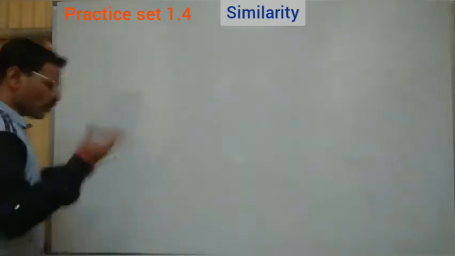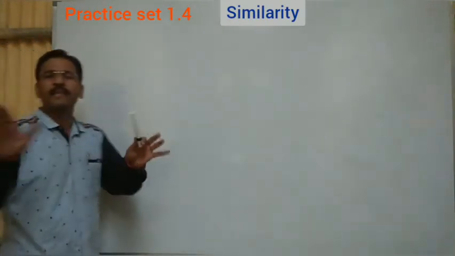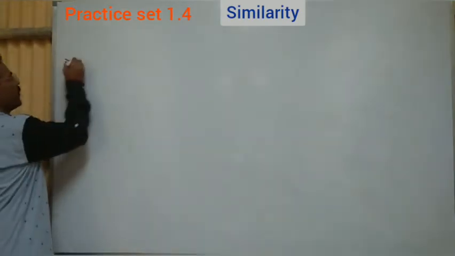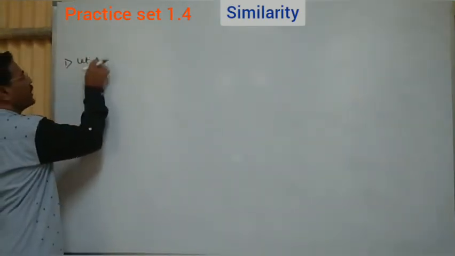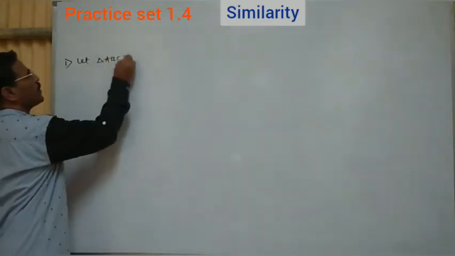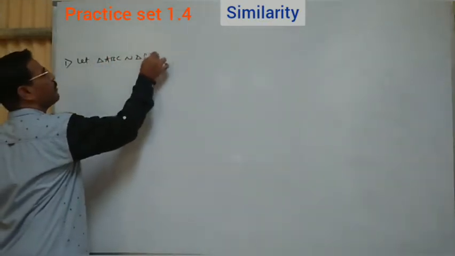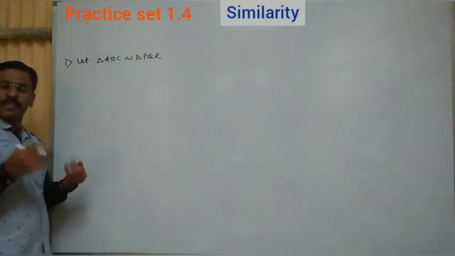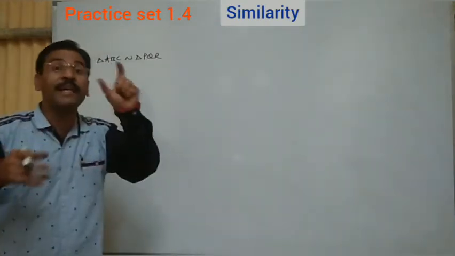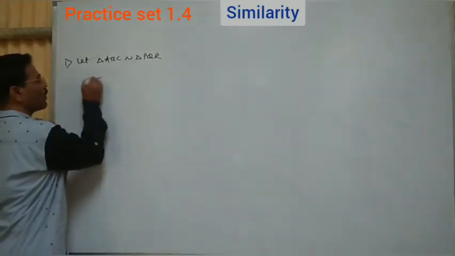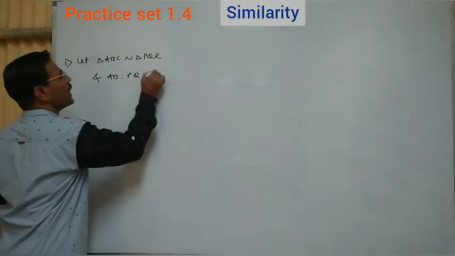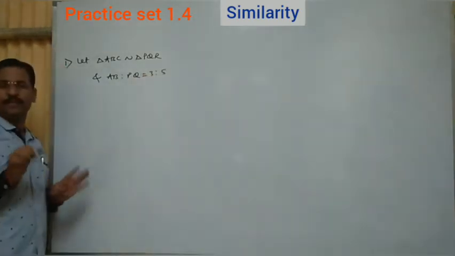See here. So here we suppose the two triangles as ABC and PQR. Let triangle ABC be similar to triangle PQR. This is our supposition. Similarly, what is given to us? AB and PQ, we suppose, are corresponding sides, and AB is to PQ is 3 upon 5, 3 is to 5.